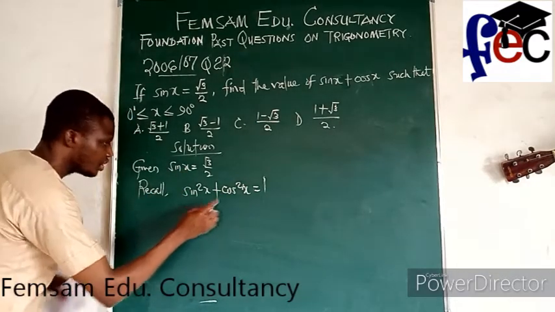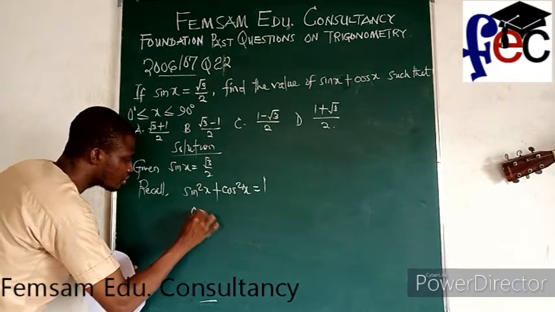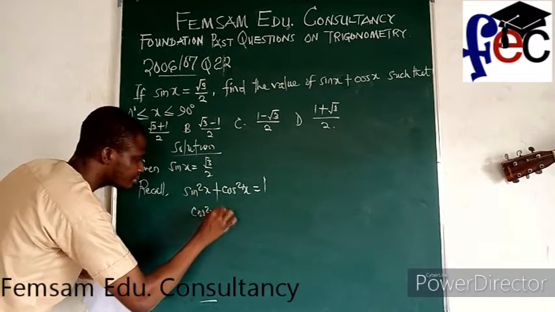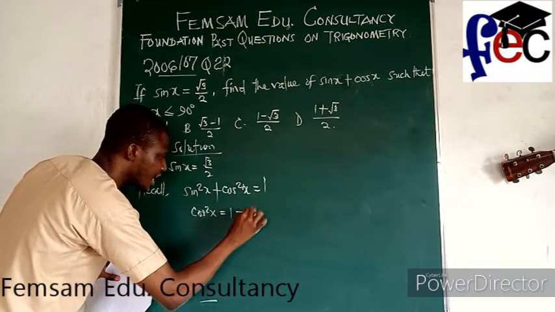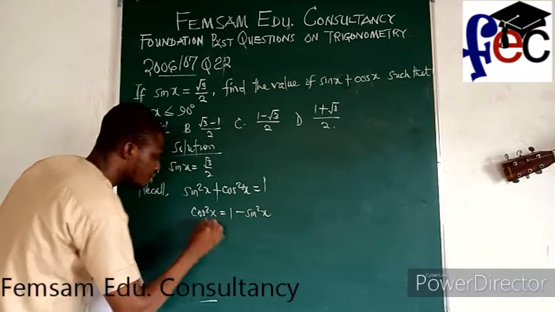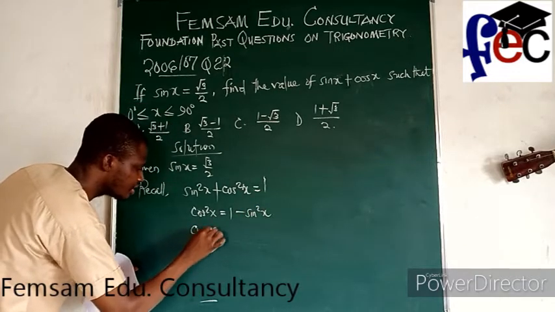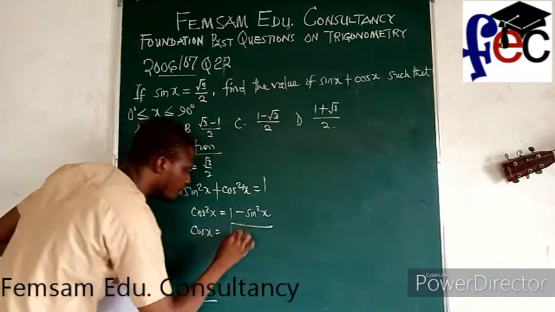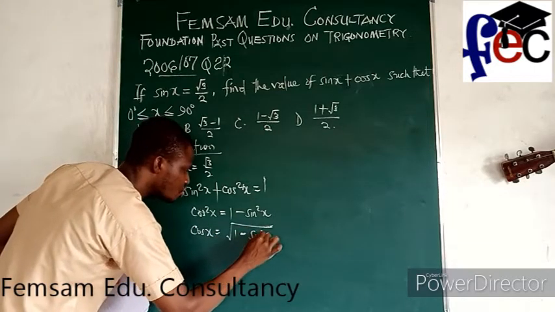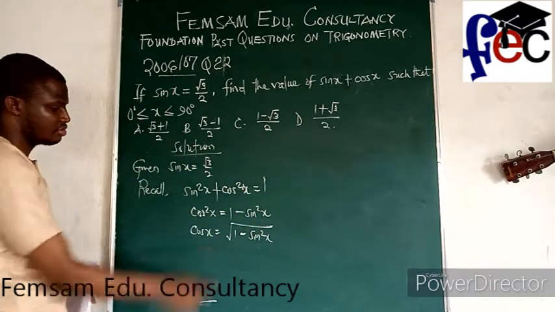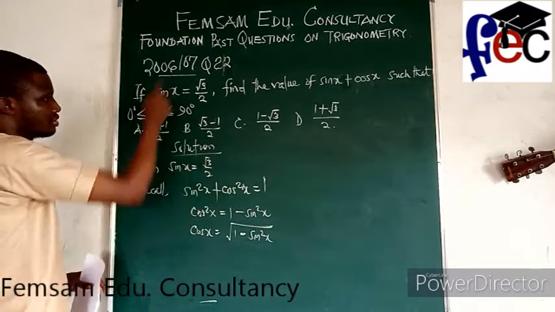Alright, so what is going to be my expression for cos square x now? That will be 1 minus sine square x, so that my cos x will become square root of 1 minus sine square x. So what is the value of my sine x?